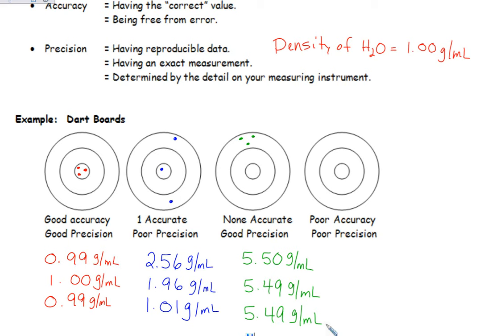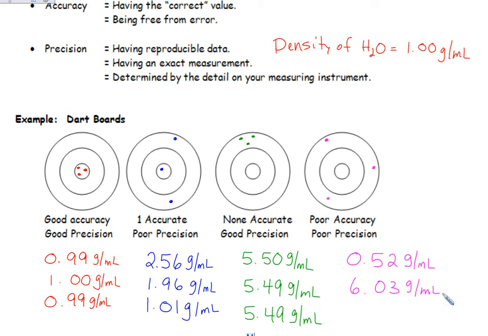And finally, poor precision and poor accuracy. This is just an unfortunate day in the lab. Their results are all over the place. So I don't know, the first time maybe they spilled half their sample. Well, that's not good. We better run this again. The second time, maybe they again didn't push 0 on the electronic balance.